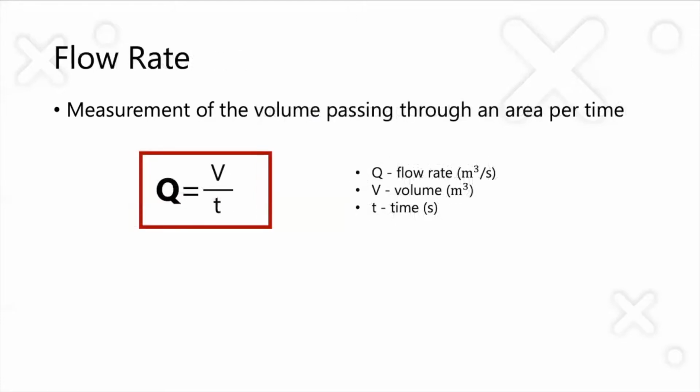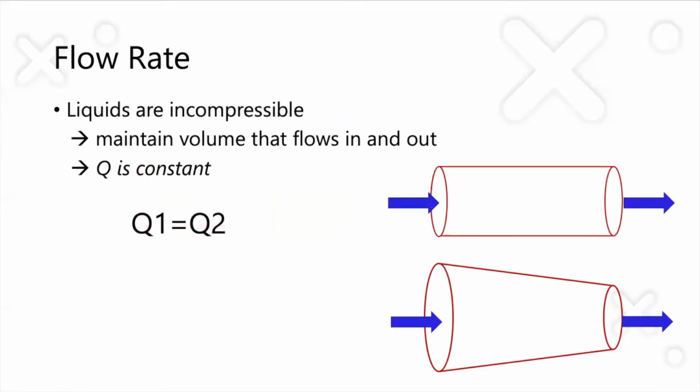The flow rate is a measurement of the volume that passes through an area per time, and this can be calculated by the given formula, where Q is defined by the volume divided by the time. It is important to mention that liquids are incompressible.